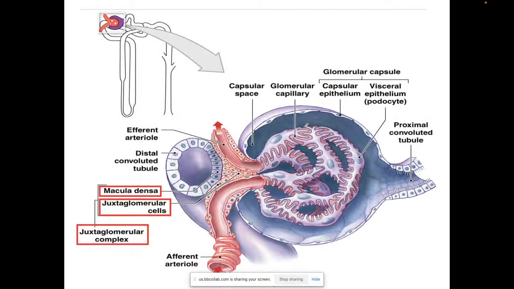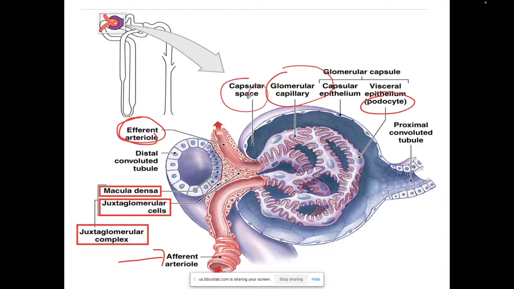So here's a neat look at that capsule again. So we have an afferent arteriole down here on the bottom. We have the efferent arteriole here. You can tell by the way the arrows are coming in. Here is a podocyte that creates these different filtration layers and filtration slits going around the glomerular capillaries.